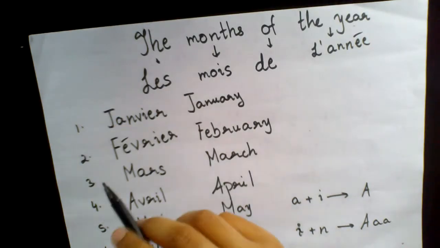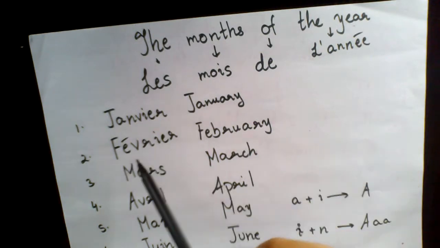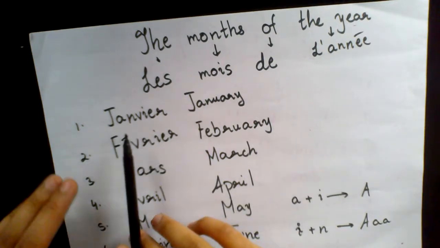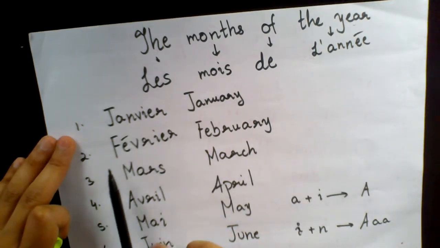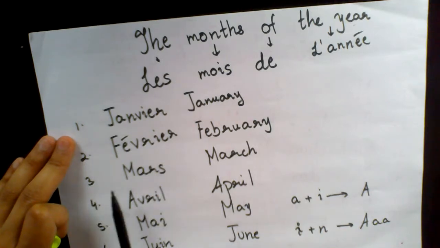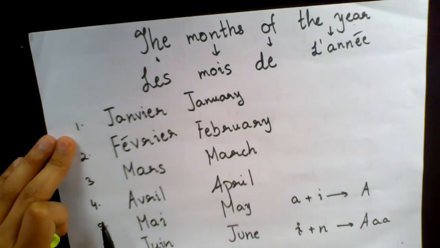I hope this is clear on this page. I will go through it once again. The first one is Janvier, then you have Février, you have Mars, you have Avril, you have Mai, you have Juin.